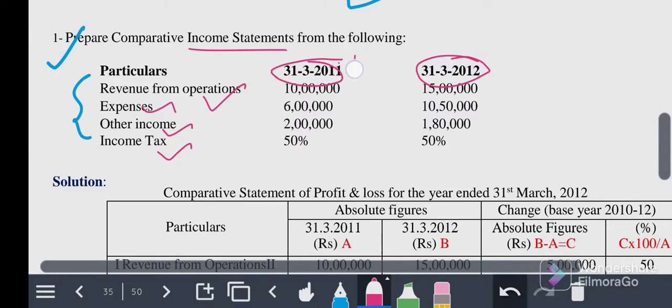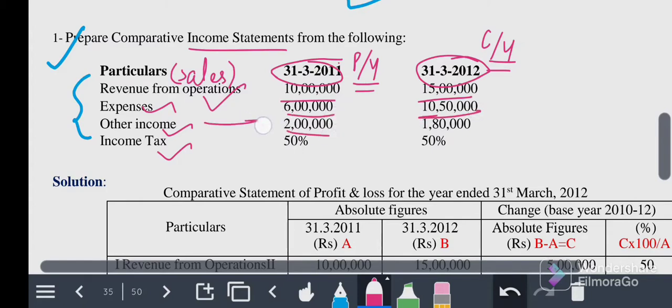So 2011 is the previous year, and 2012 is the current year. In the previous year, revenue from operations, that is sales, is 10 lakh, and in the current year 15 lakh. Expenses are 6 lakh and 10 lakh 15,000, and 10 lakh 50,000. Other income is 2 lakh and 1 lakh 80,000. Income tax is 50% and 50%, given in percentage form.